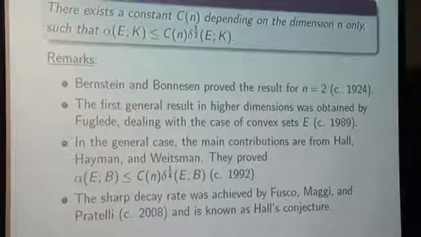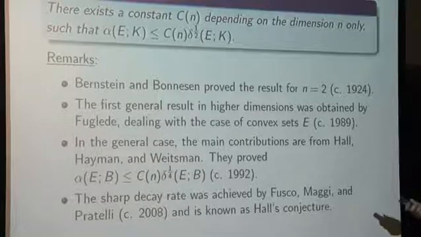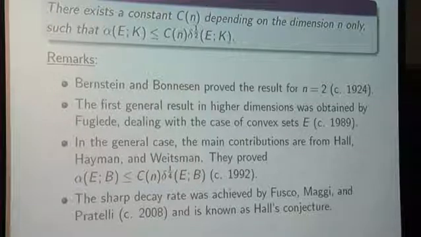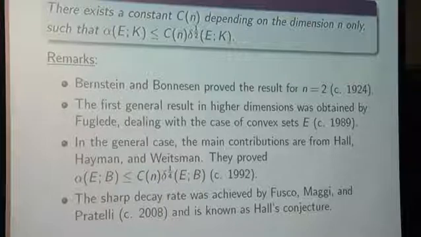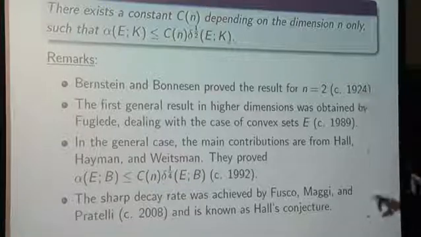So there exists a constant such as blah blah blah, but you can't really find it. If you want to do numerics, then of course you need some upper bound on the constant at least. But any constant is good. As long as there exists a constant, that's a good thing. So just some remarks. The case n equals 2 was done in 1924 by Bernstein and Bonnesen.